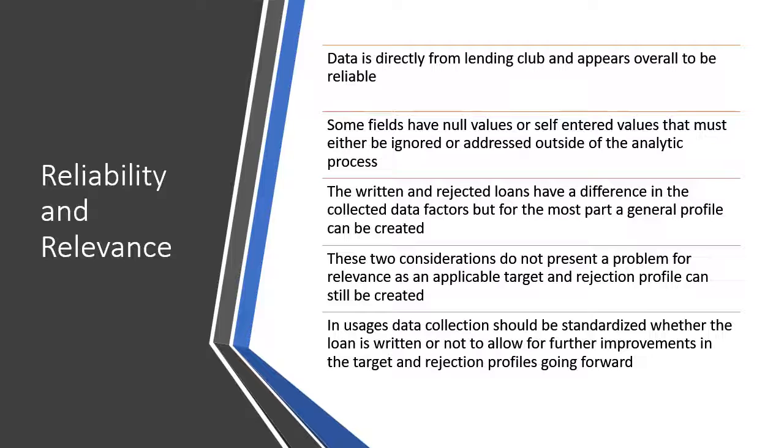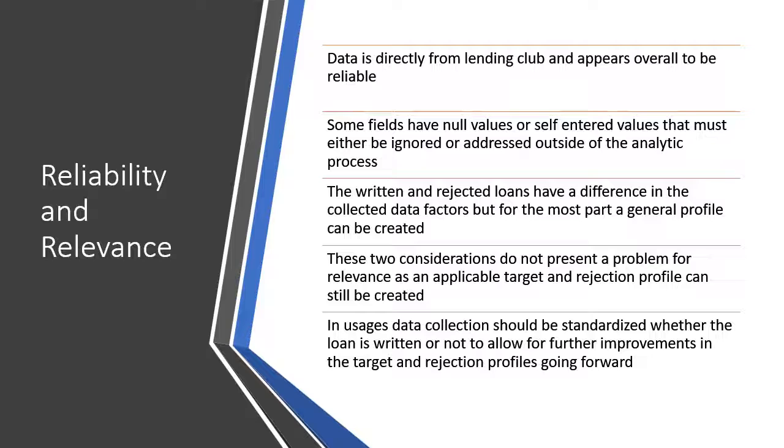These two considerations, both the difference between the written and rejected loans data, as well as the self-entered and null values that we saw in the data, do not themselves create a problem for relevance, as I was able to both generate a targeted marketing profile and a rejection profile with the problems in the data.